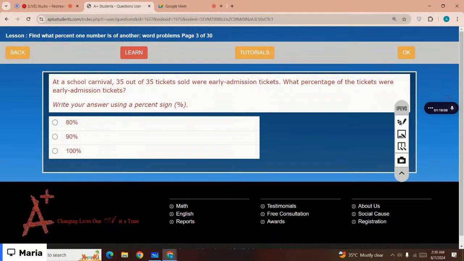At a school carnival, 35 out of 35 tickets sold were early admission tickets.